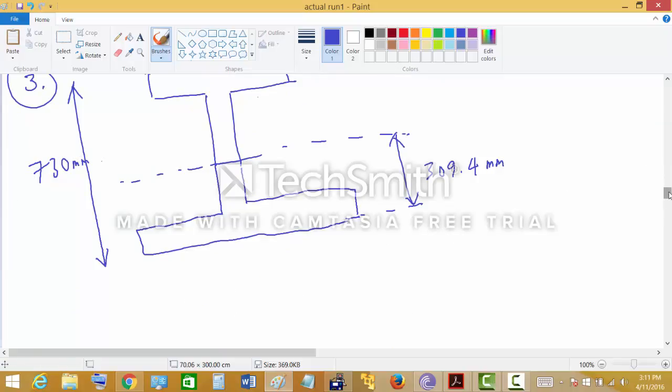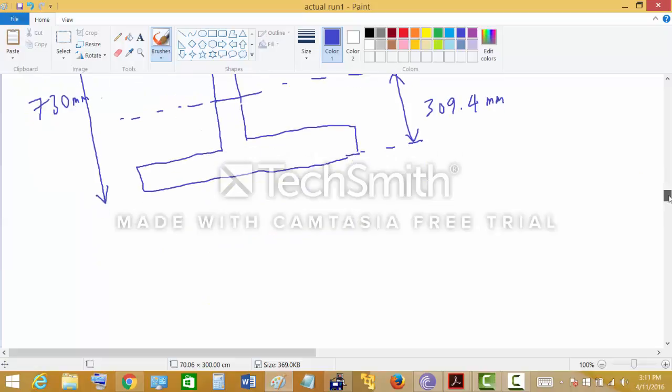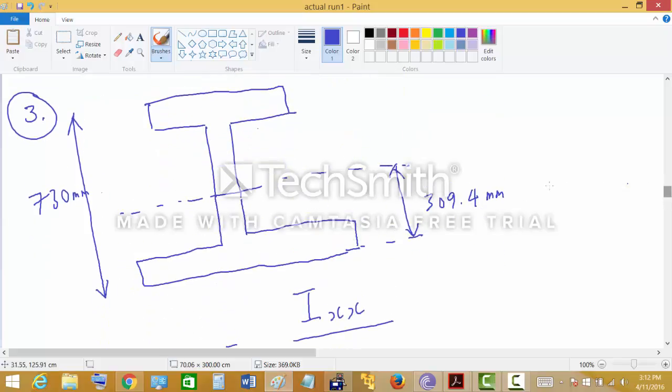Now your section modulus is equal to second moment of area over what's called C. Right, C is the furthest distance from the centroid to the extreme surface.